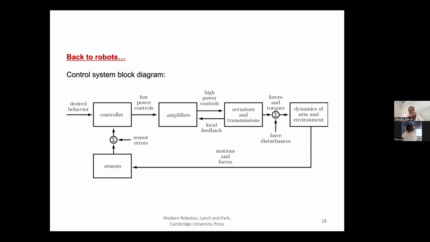So the lowest level of the hierarchy here is that there is my electrical motor, and I'm giving it some signal in terms of current, and then it is moving, and if it's not moving at the right speed or it hasn't moved to the right position, you need to do something. So that low level controller is very typically a PID controller.